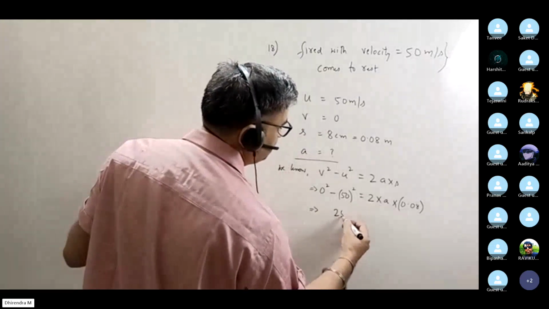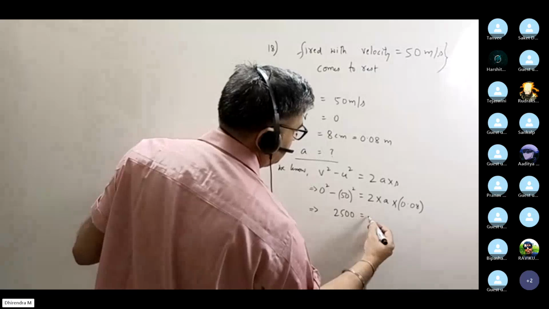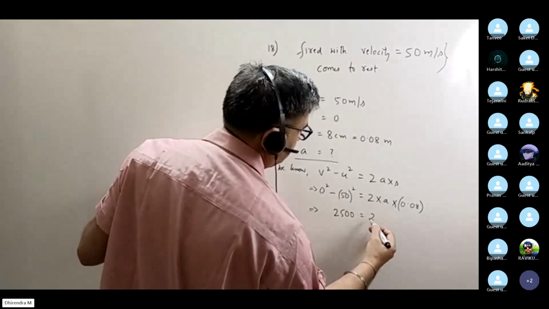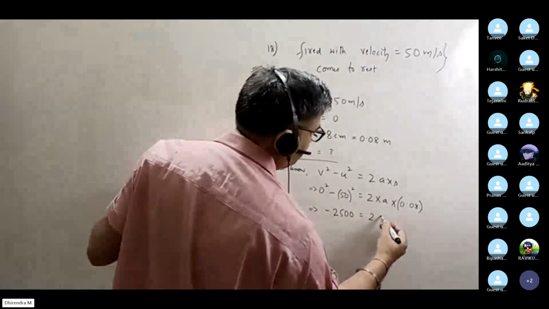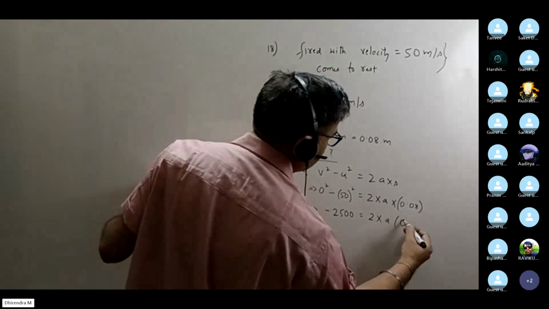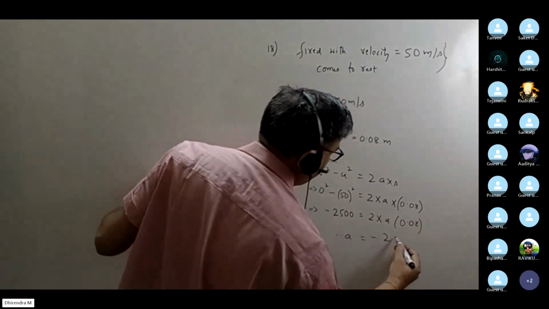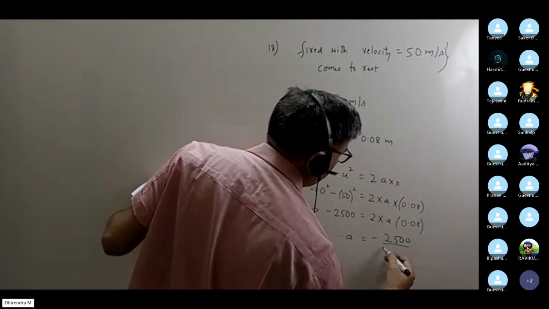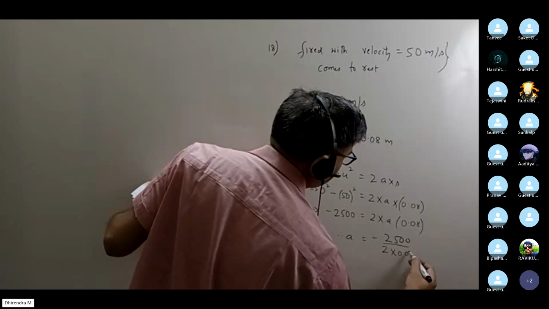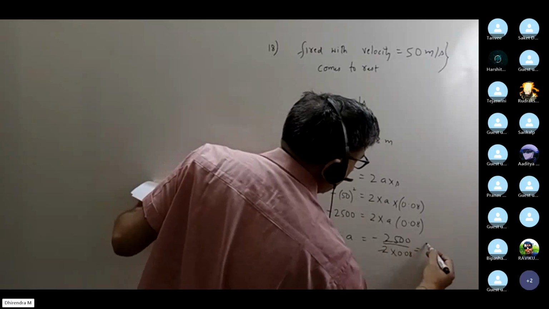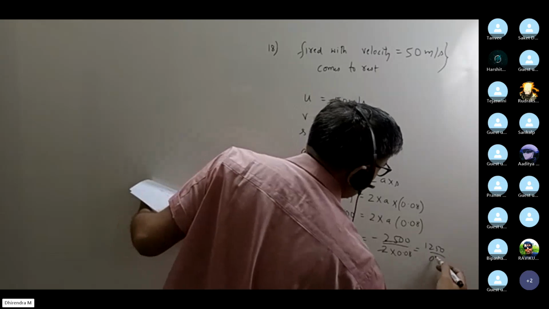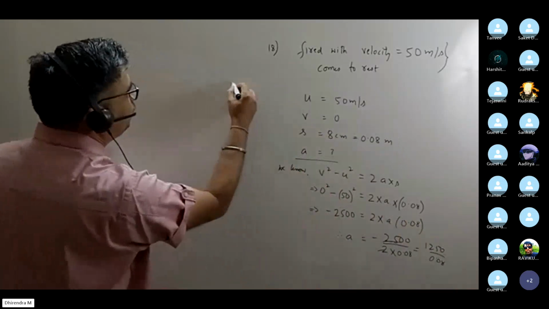So this becomes 0 minus 2500 is equal to minus, yeah, minus, 2 into a into 0.08. Therefore, a comes to what, folks? Minus 2500 by 2 into 0.08. So this comes to 1250 by 0.08.